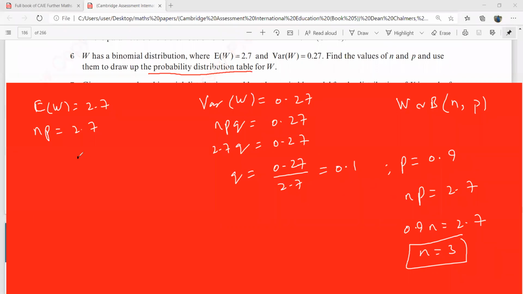Now let's see how to write down the probability distribution here. Suppose we are doing something 3 times. There are 3 trials. How many times can W happen out of these 3 trials? Suppose you are tossing a coin 3 times and you're looking at the number of heads.